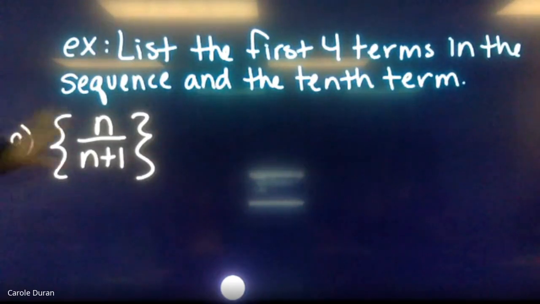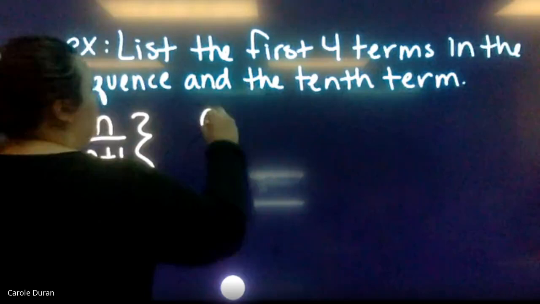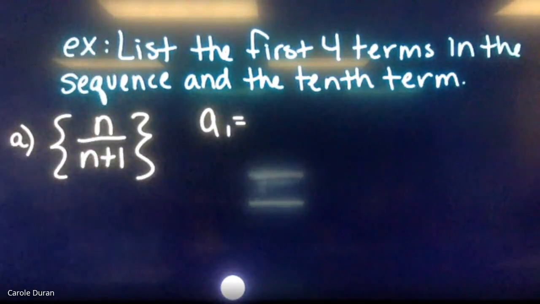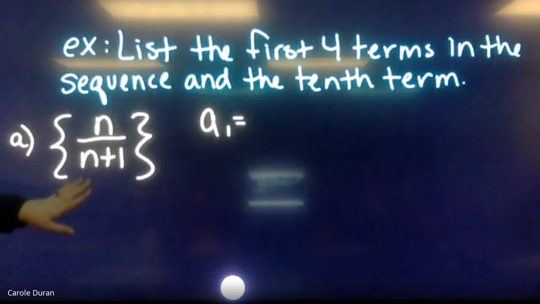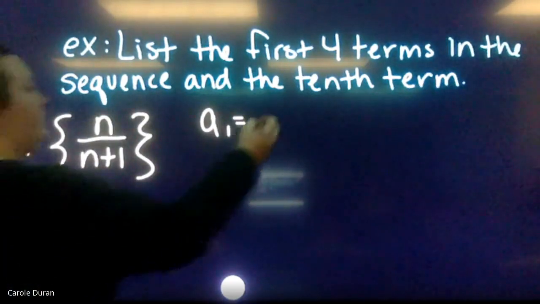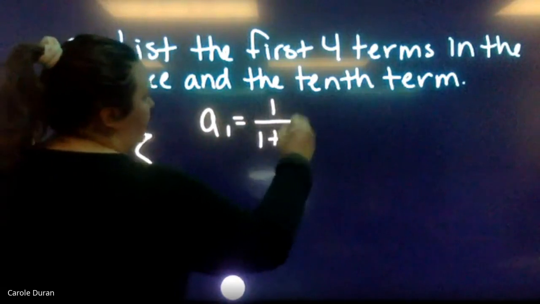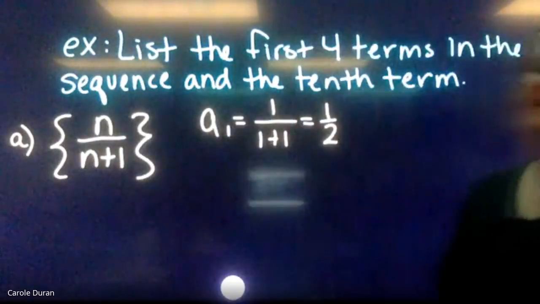So we're going to use this rule to identify the first 4 terms of my sequence. We always start at A1 because that's the best place to start. So my first term, A1, would be this rule with 1 plugged in for n. So this is going to be equal to 1 over 1 plus 1, which simplifies into 1/2.